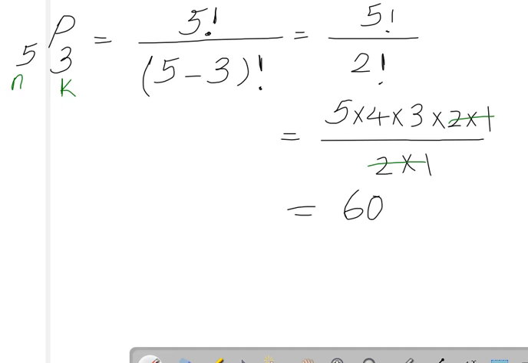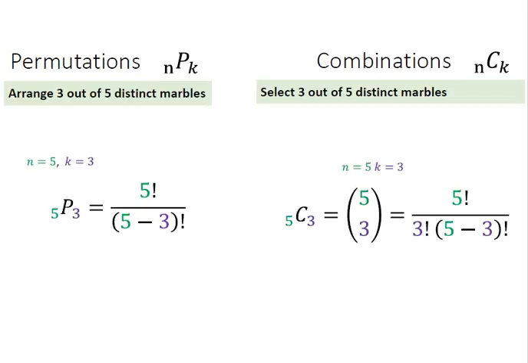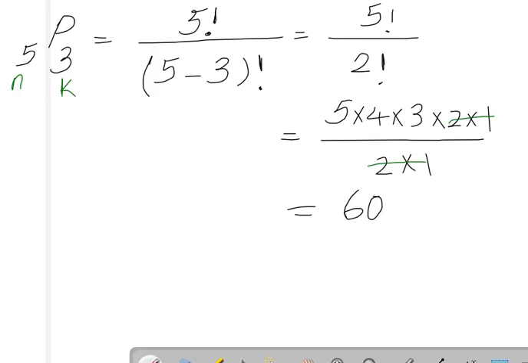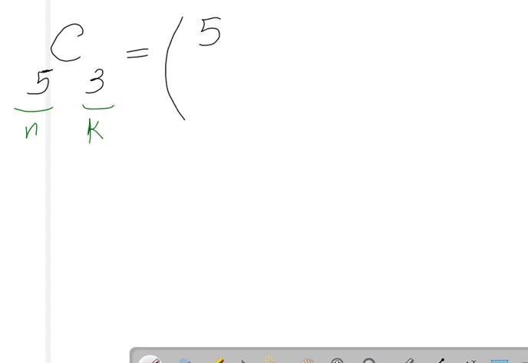But for combinations of 3 out of 5, or select 3 out of 5, it's 5 choose 3. Again, this one is n, or also we can write it like this.